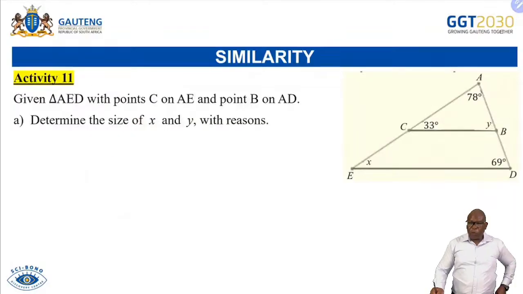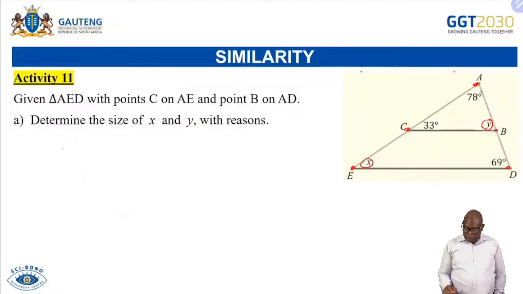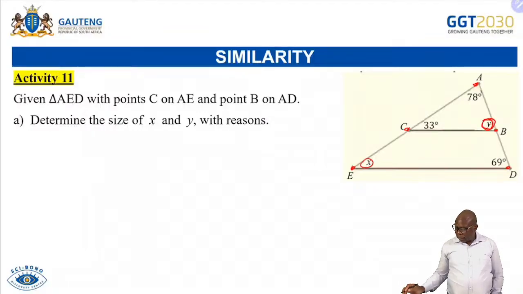All right, the last part of the activity, we're given triangle AED with points C and B on AE and BD. Now we need to find the sizes of those two angles with reasons. First of all, the angle here that we're going to get will be 180 degrees.